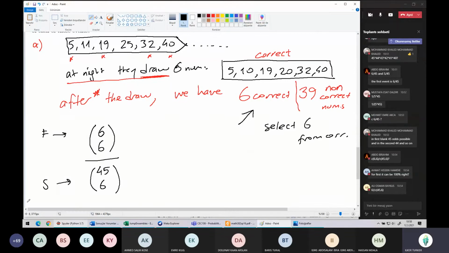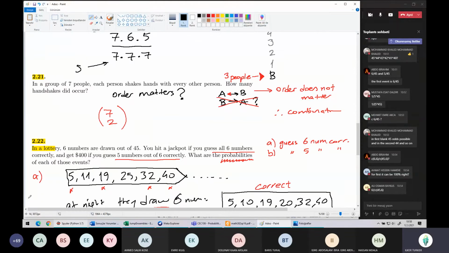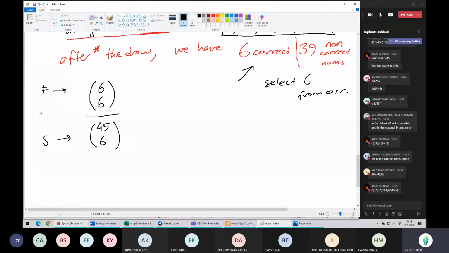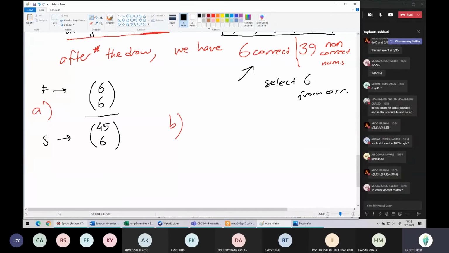And part B of the question, 5 numbers correctly. This was part A. And part B, order doesn't matter.